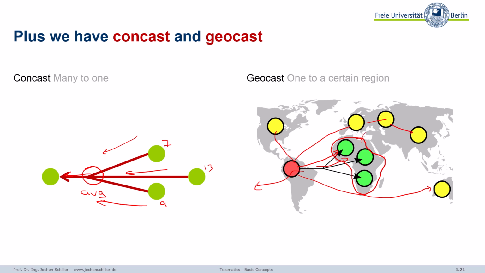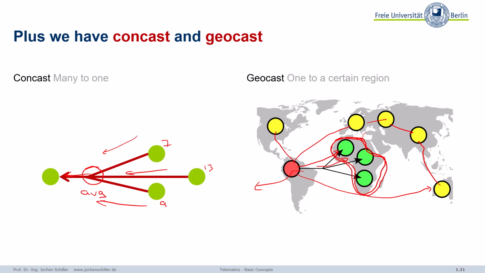Although we have all the connections, the network knows where the receivers are, and the network will only forward data to those receivers in a certain geographical location. And now you can think of only certain brands of computers, etc.